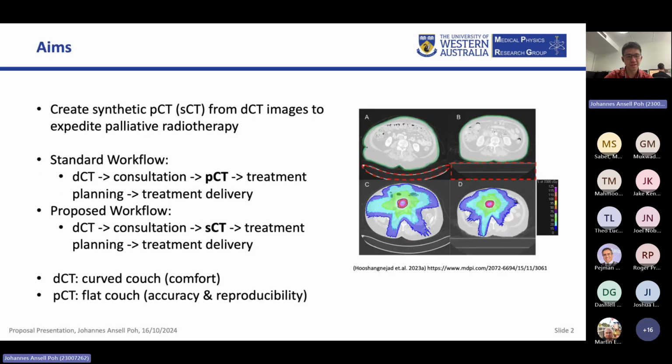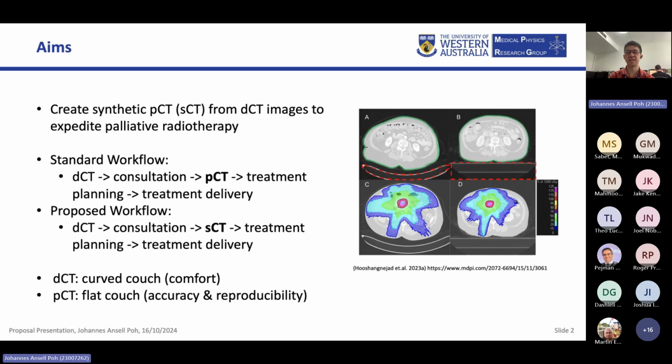Oh, yeah. So in diagnostic, we usually want to make the couch as comfortable for the patient as possible. That's why we use a curved couch. But the accuracy of this is usually not enough for the treatment.